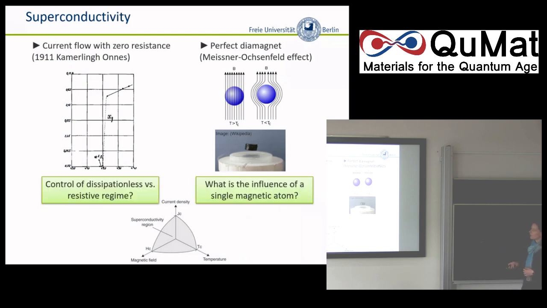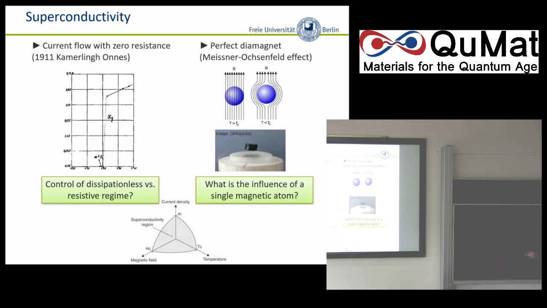And so essentially the questions of my talk are: can you first of all look into what single magnetic atoms do? So you could say that's the smallest magnet that you can have on a superconductor. Or can you somehow else distinguish and control in which regime you are, whether you are in the superconducting state, meaning that you have a supercurrent, or that you have a resistive regime, meaning that you are in the normal state.